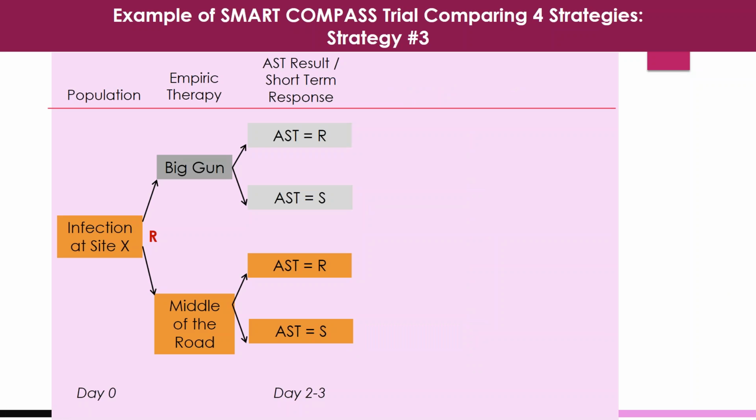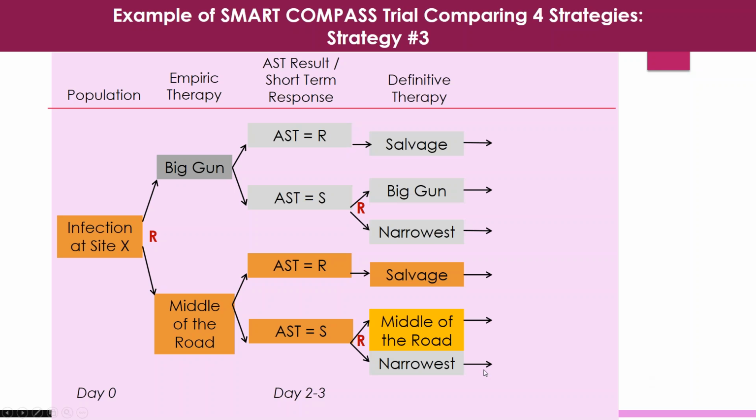You'll see a third choice here is if you're randomized to a middle of the road strategy, one that's pretty good, but it's not going to necessarily cover all of the bases, and we've chosen that because it might be ecologically more sound. And again, we have a randomization step there where we might continue that middle of the road strategy, or we might go down to a very narrow spectrum.